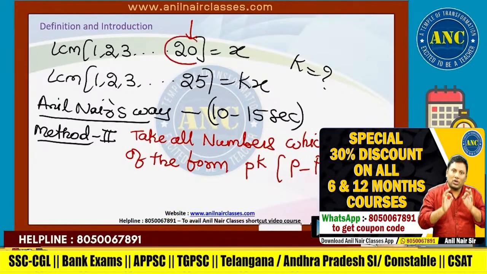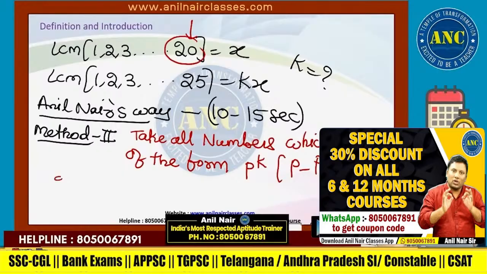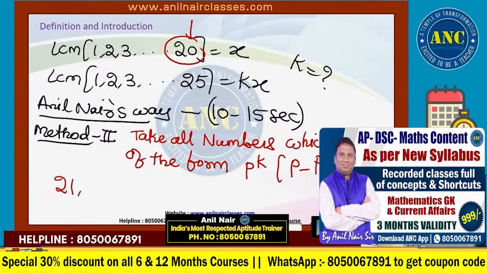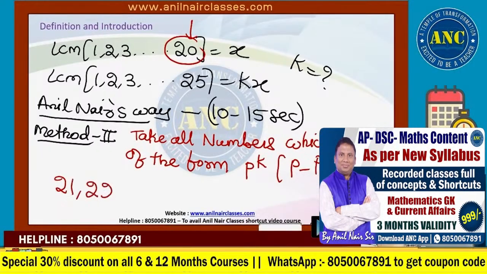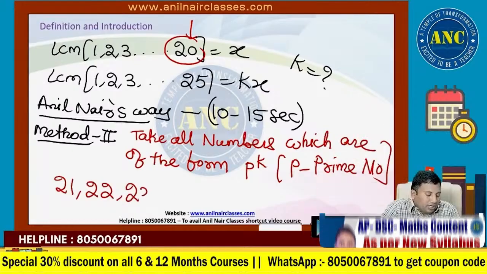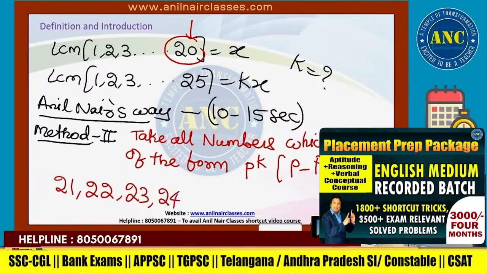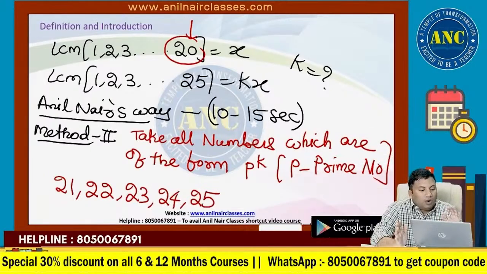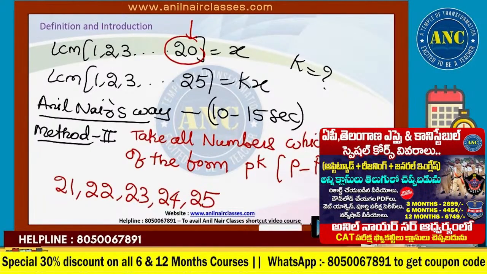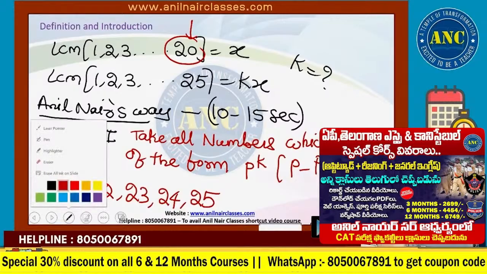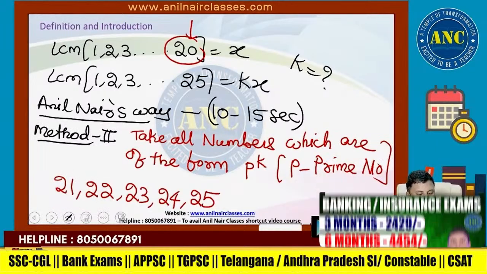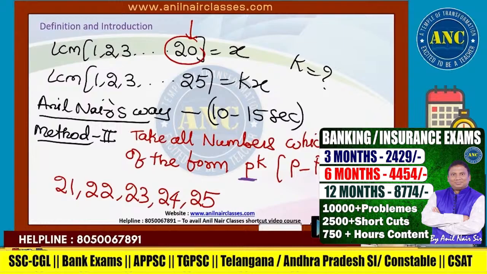Question is given till 20. What are all the numbers beyond 20? 21, 22, 23, 24, 25. These are all the numbers beyond what is given in the question. Now read this statement. Take all the numbers which are of the form p power k. 21 is 3 into 7.